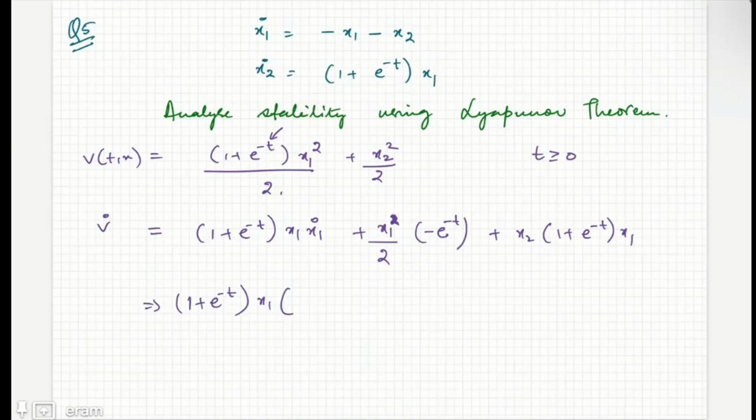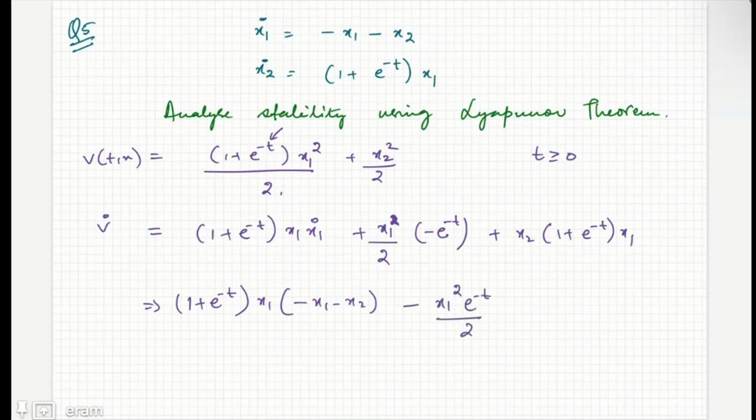So x1 dot is minus x1 minus x2. This quantity is x1 square e to the power minus t by 2. This quantity is x1 x2 and plus x1 x2 e to the power minus t.